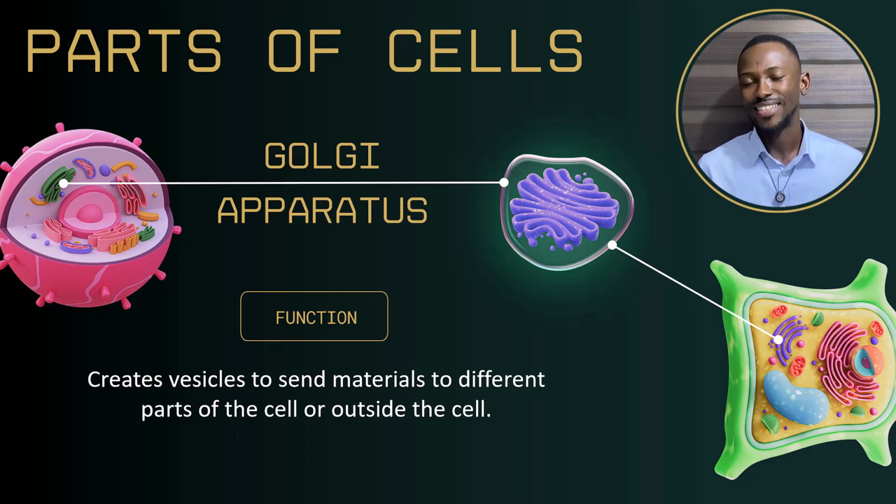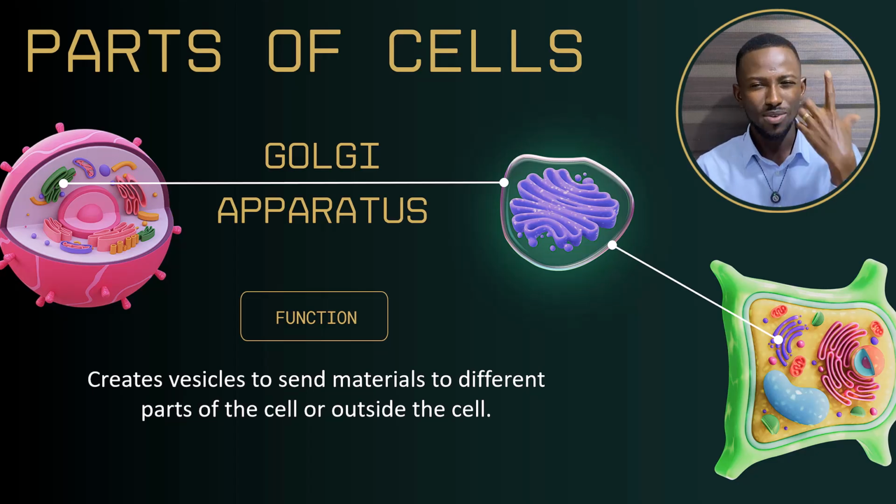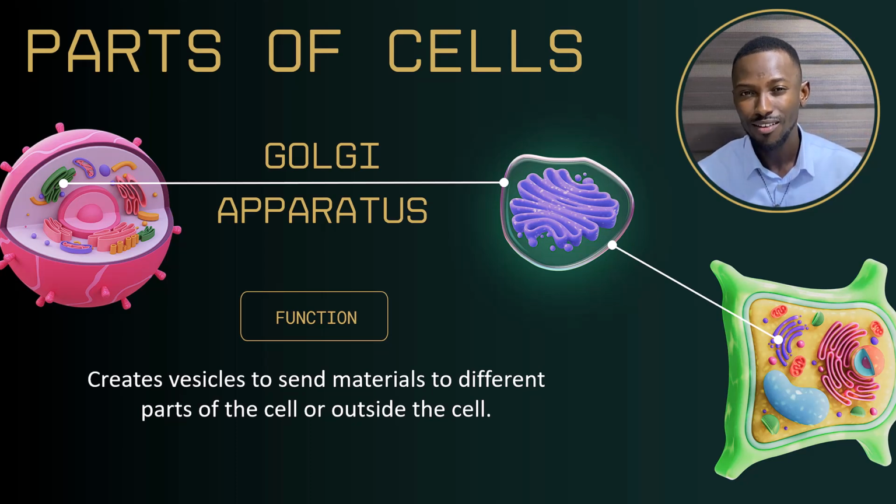So now these important aspects that are needed in the cells are made, and the Golgi apparatus sends these materials to different parts of the cell or outside of the cell. So you see how complex the tininess of a cell can be.